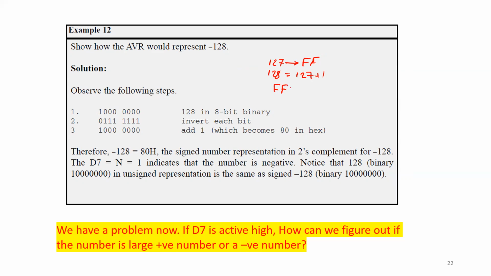So FF plus 1 equals 1, 0, 0, like that. So this is our representation of 8 bits. 127 is FF plus 1, this would be 100.